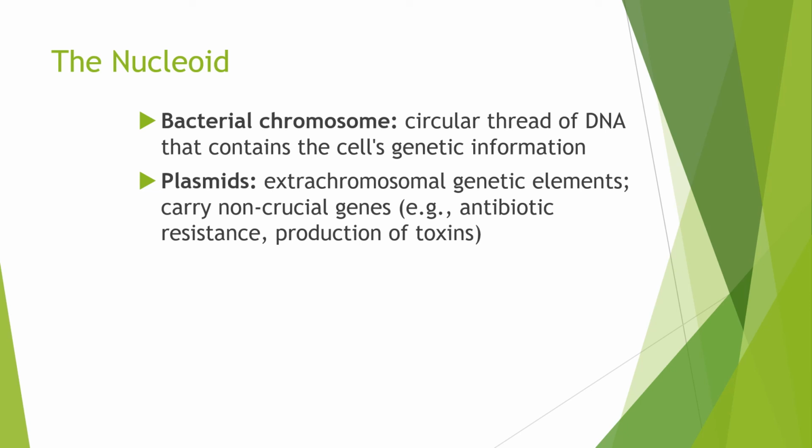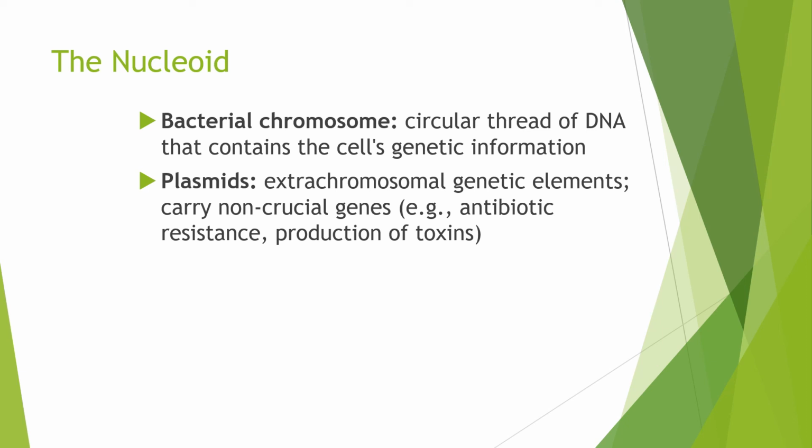Now, bacteria do have DNA, but other than having that circular thread of DNA, they also usually have what's known as plasmids. Those plasmids are basically extra chromosomal DNA, meaning that they are not part of the original DNA. And those plasmids usually carry genes for things like antibiotic resistance and tolerance to toxins.